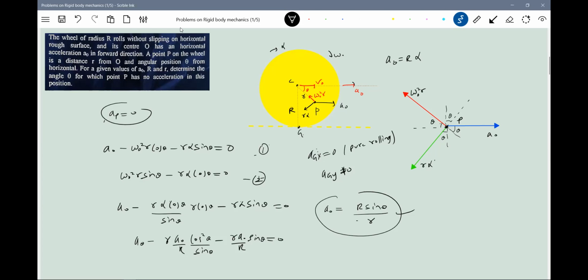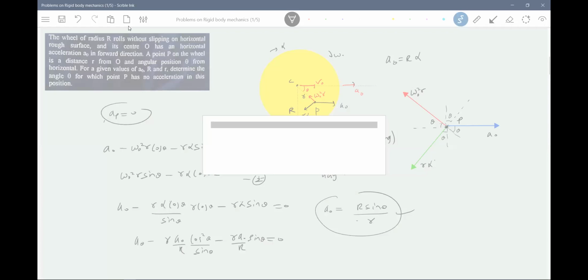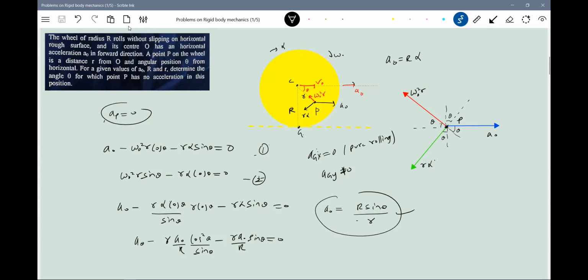See this angle theta. Now we can find it out. So very good problem.